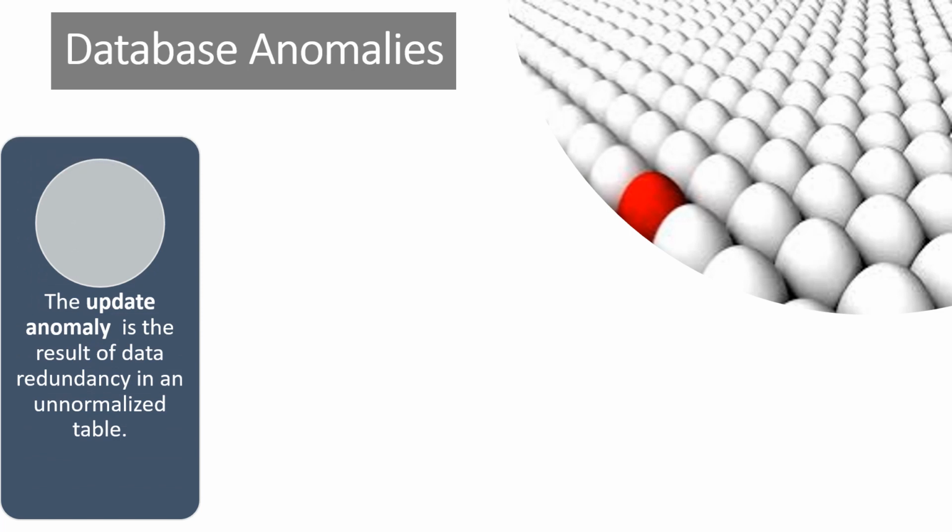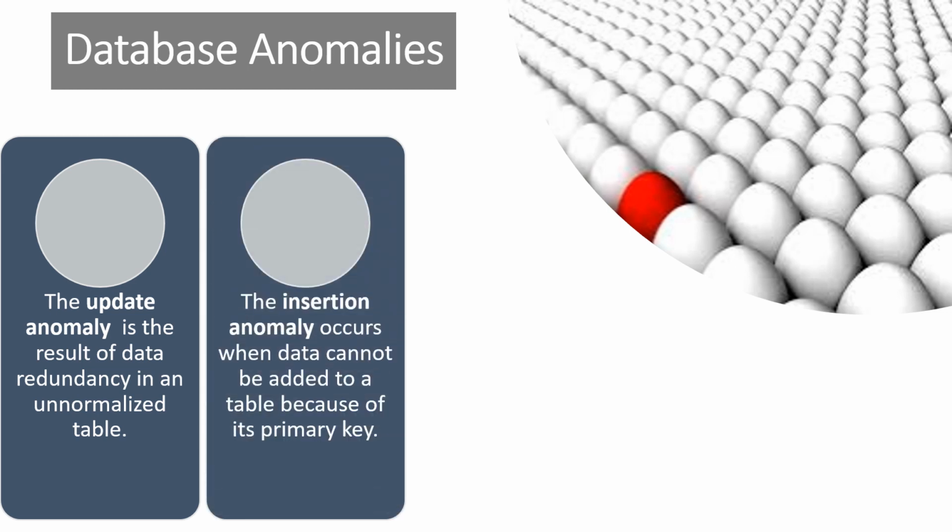First is the update anomaly, which comes from data redundancy in an unnormalized table. If it is one table and we keep updating, some information is already recorded, and we will keep having the redundancy issue.